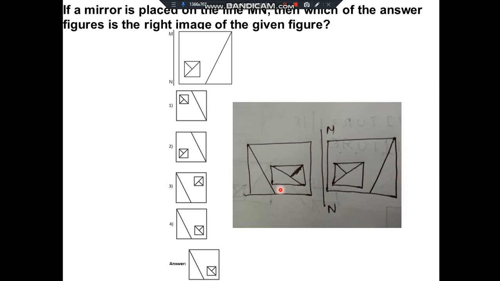Considering that, you can neglect options 1 and 2. So take only options 3 and 4 into consideration. In option 3, the position of the small square is on the upper side, which is not correct. Neglecting that, only option 4 is the right answer.